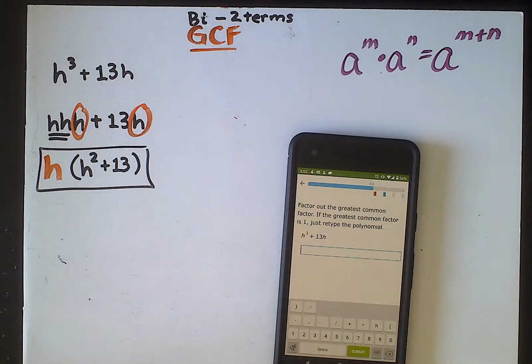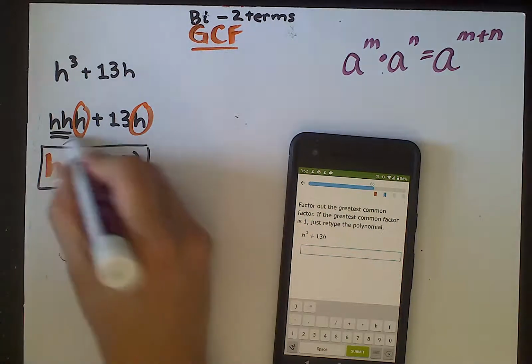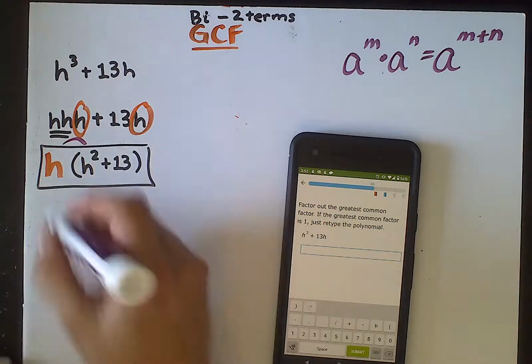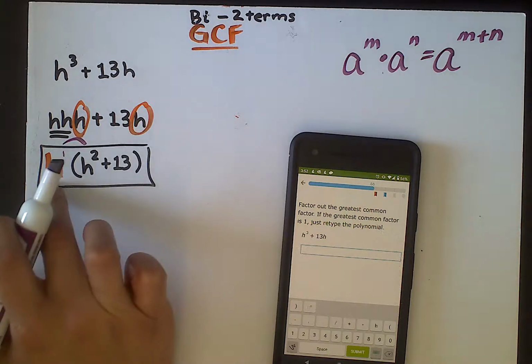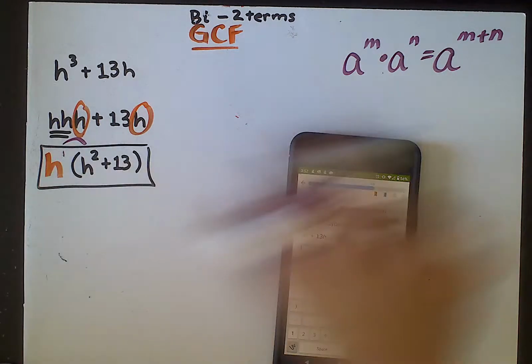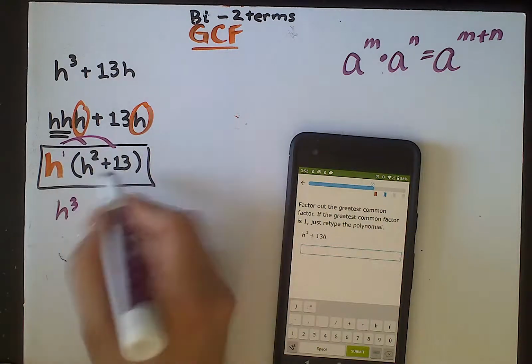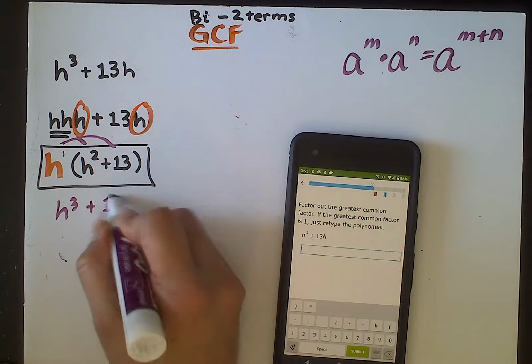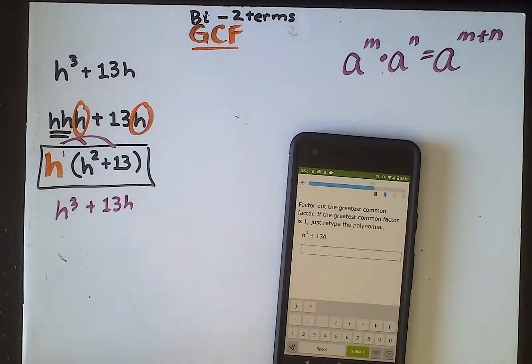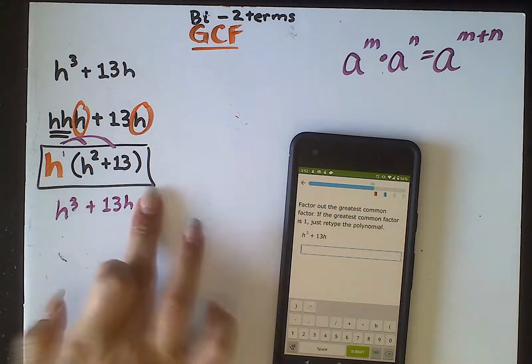Okay, now if you feel confident on the answer, just type it in. I just want to double check because I've been making silly mistakes all today apparently. So that's same base. I'm going to add the exponents. That's h cubed. And then plus 13h, which is the original question.